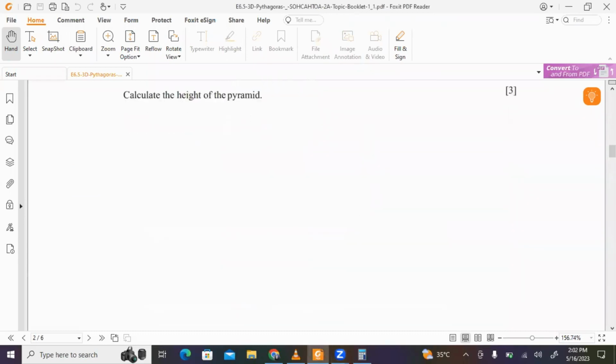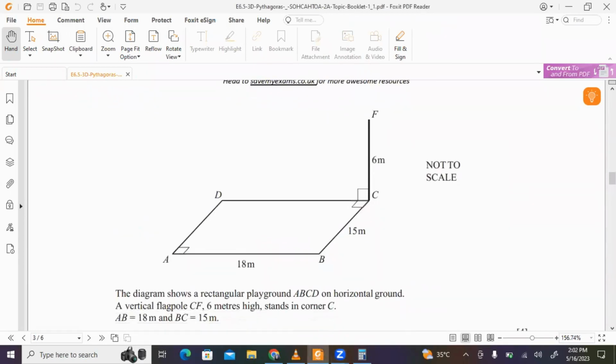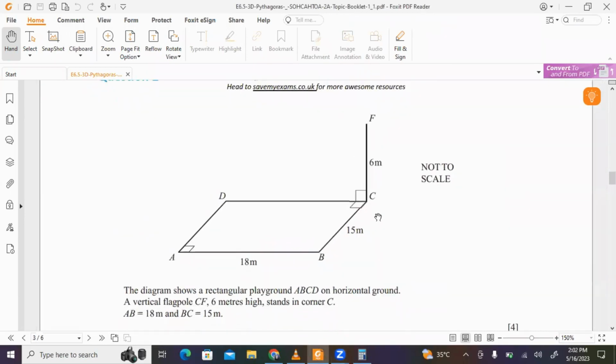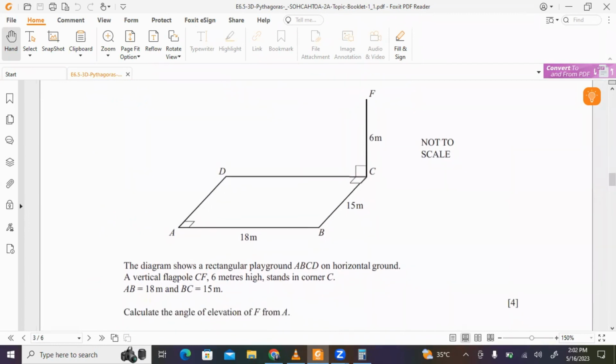Then if we go to the next question, question number 2 says the diagram shows a rectangular playground ABCD on horizontal ground. A vertical flagpole CF, which is 6 meters high, stands in corner C. AB is 18 meters and BC is 15 meters.